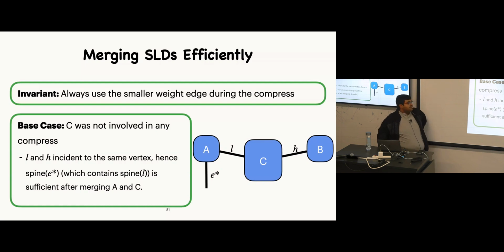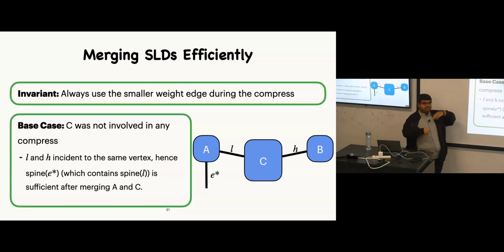Initially, cluster C was not involved in any compress operation, so only rakes happened, or it's just a single vertex. In that case, the argument I mentioned before should work, in the sense that both edges L and H are incident to the same vertex in C. Hence, for any future merge, after compressing C into A, let's say.